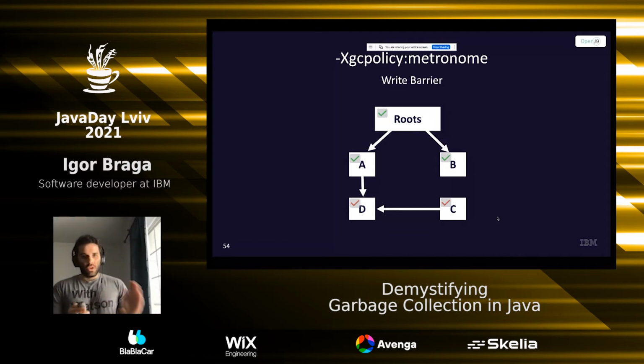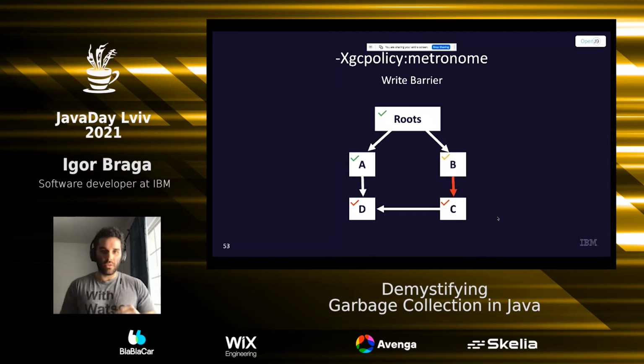So we use snapshot-at-the-beginning here, and instead of being triggered on object write, it's triggered whenever we delete a reference from one object to the next. Here, the snapshot-at-the-beginning barrier is triggered whenever we delete this reference from B to C. That's when we trigger our barrier.